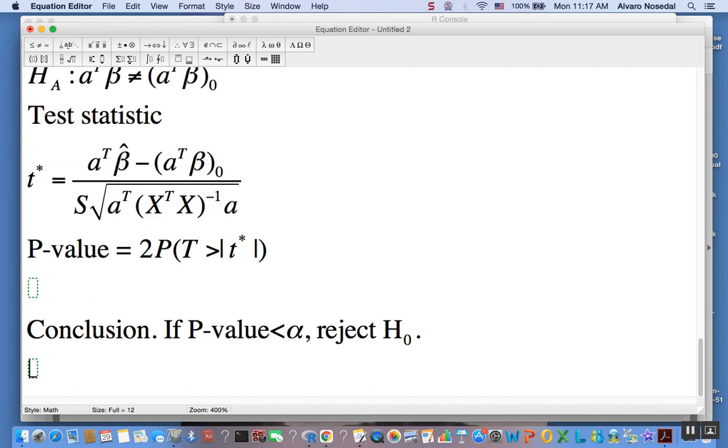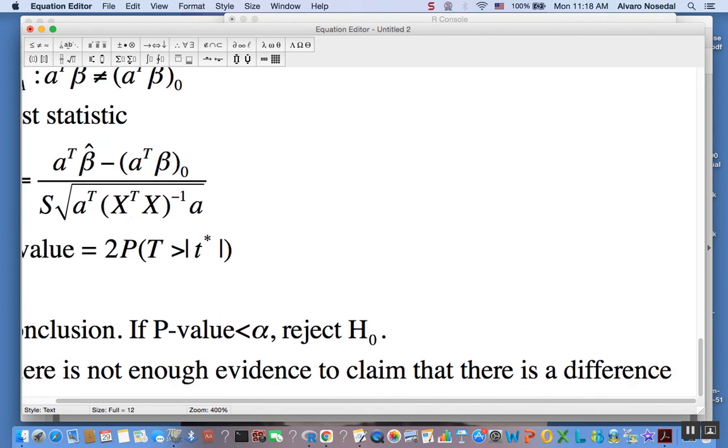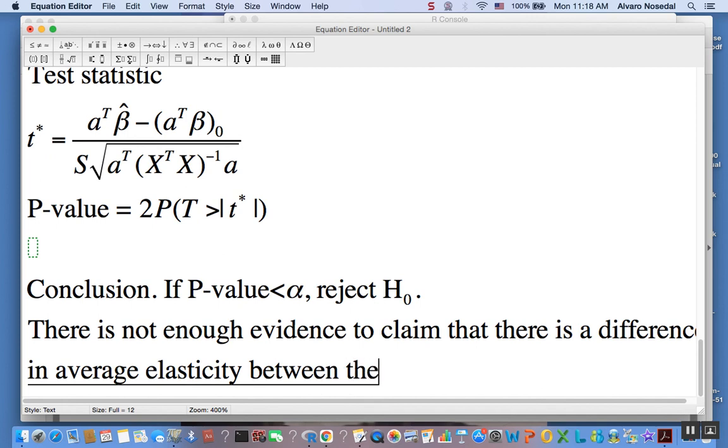Okay, so let me just say that here the conclusion is that there is not enough evidence to claim that there is a difference in the average elasticity between these two processes.